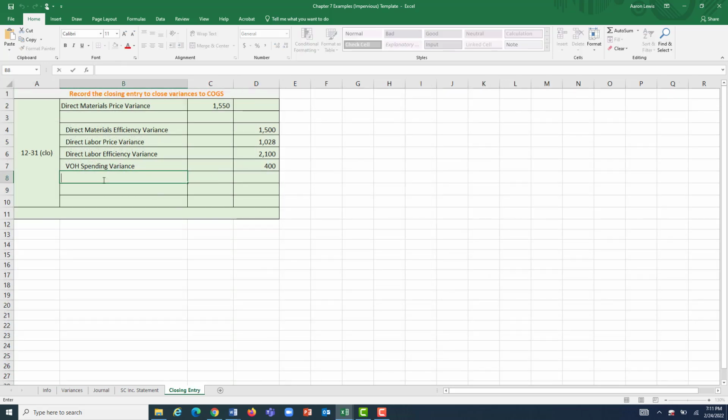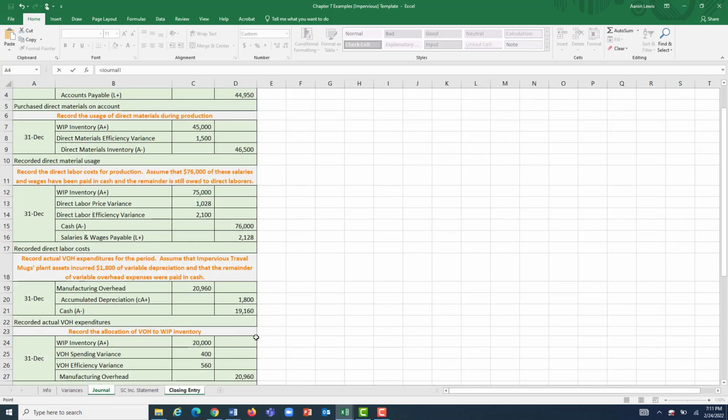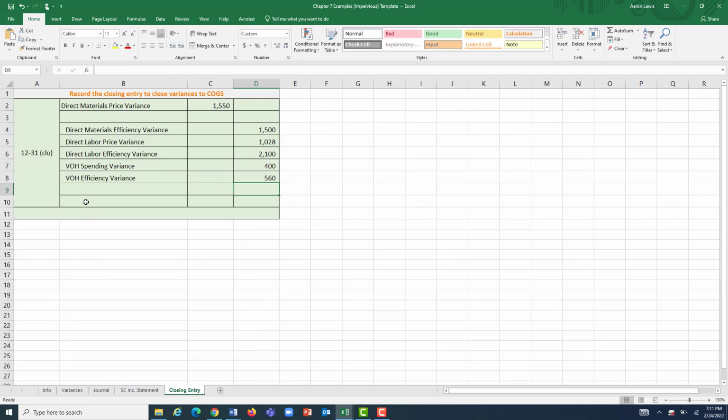We had a VOH efficiency variance, and our variable overhead efficiency variance in the journal entry to allocate out that overhead was debited for $560, like all unfavorable variances. To get it to zero, we need to credit that account for the same amount, so we're going to credit VOH efficiency variance for $560.